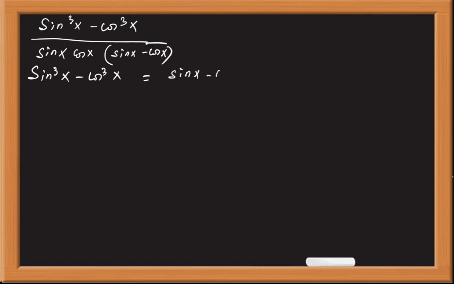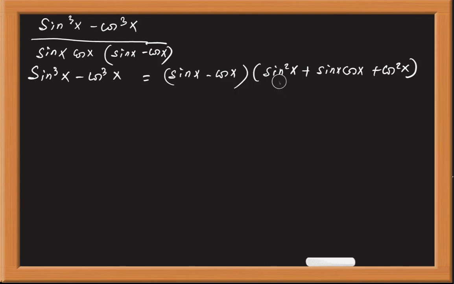So we get sine x minus cosine x times sine squared x plus sine x cosine x plus cosine squared x.